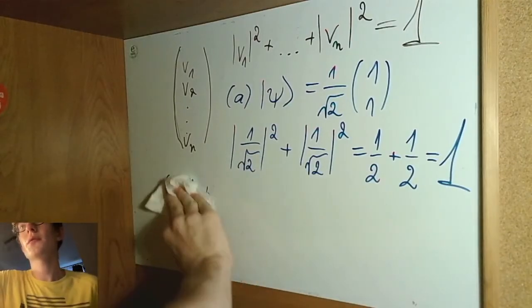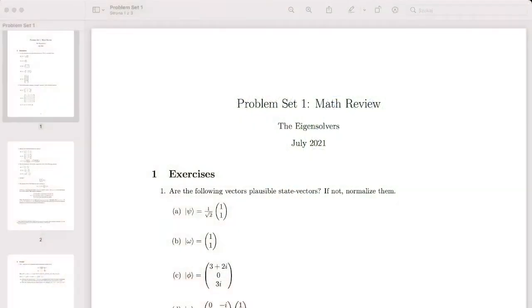So these first two examples didn't involve any non-real numbers. So the absolute values were just classical absolute values as we know them from elementary school. But now we have a vector which has as coefficients 3 plus 2i, 0 and 3i.